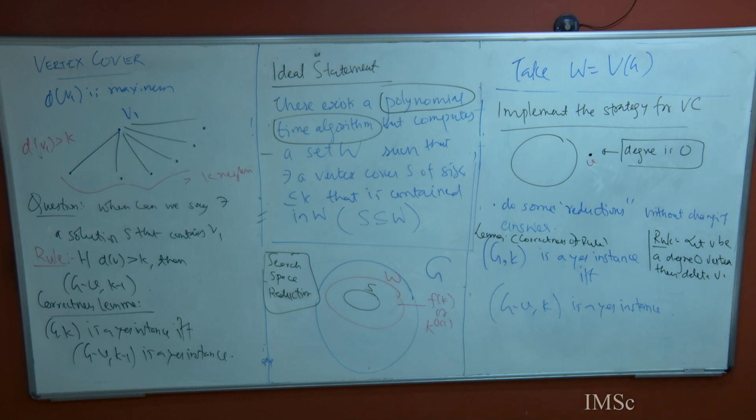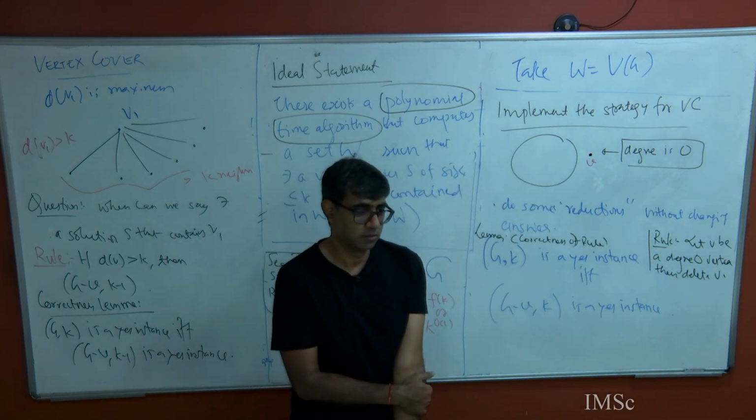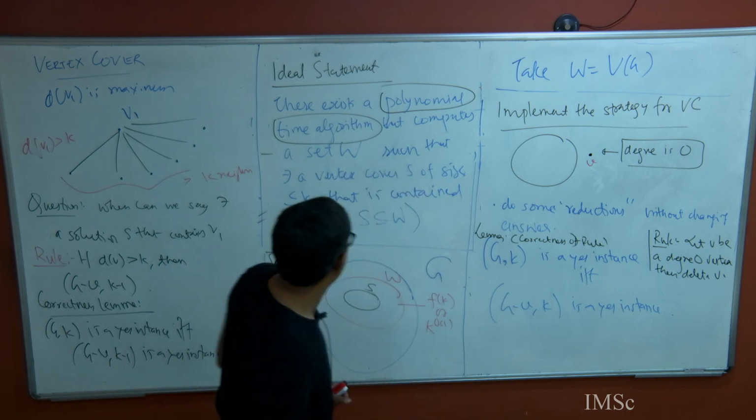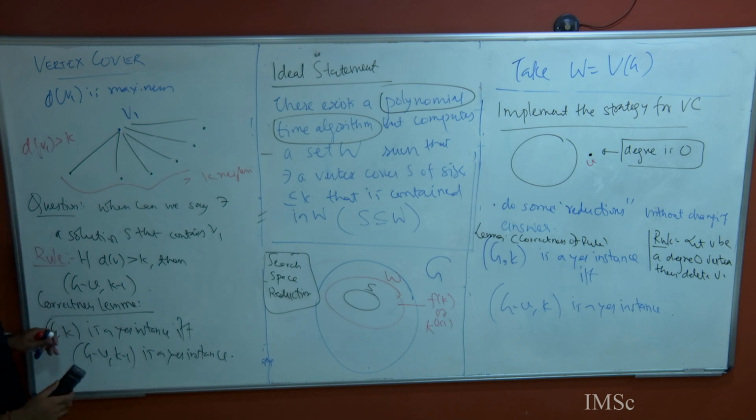Is that good? Suppose I have a bucket whose capacity is that it can contain 10 mangoes. If I have 5 buckets, how many mangoes can they contain? 50. That's great. So should I prove the correctness of this rule, or can you prove it yourself?